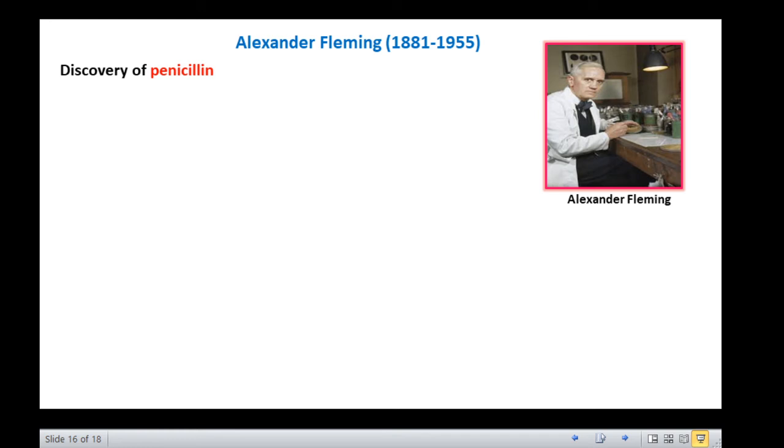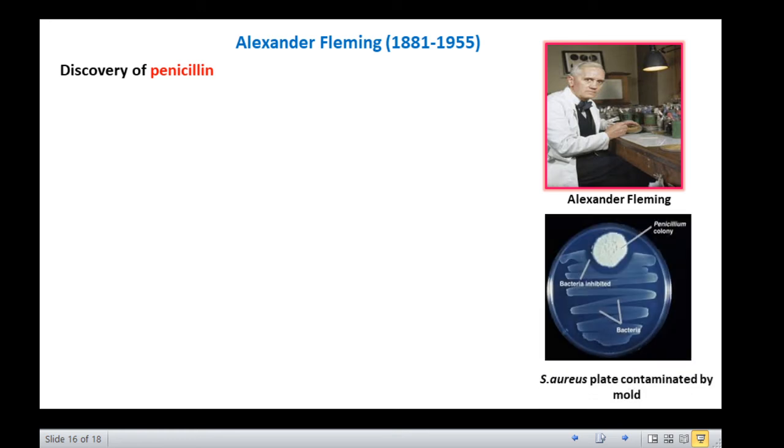Well, after a month-long vacation, Fleming was examining a culture of Staphylococcus aureus, a pathogenic bacterium on which he was doing his research, when he noticed that it had become contaminated by a mold.